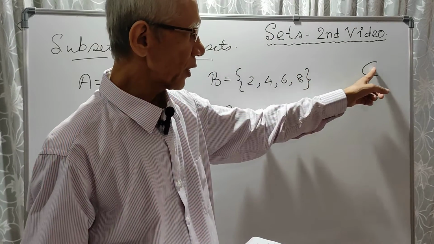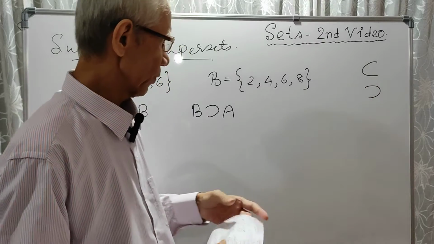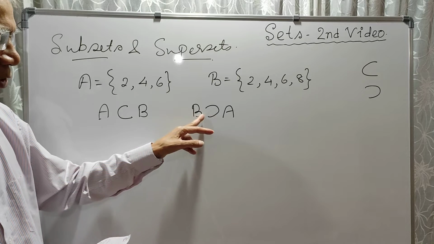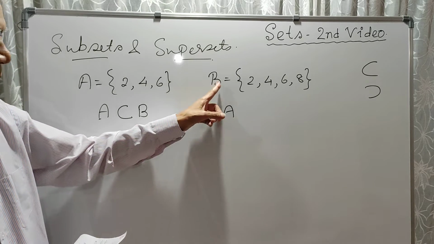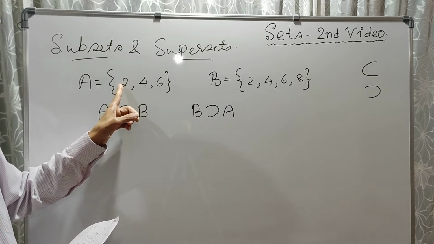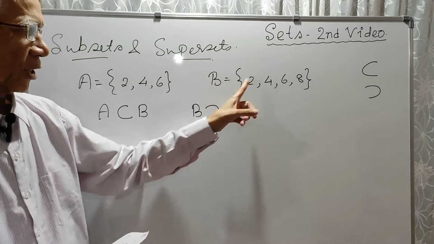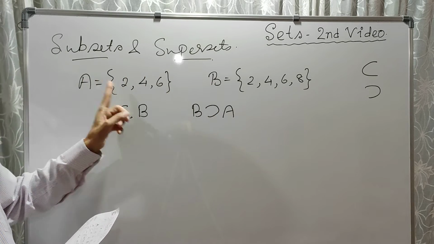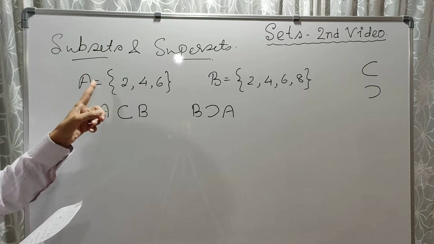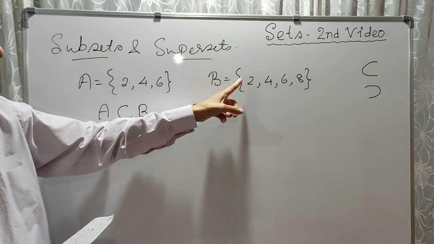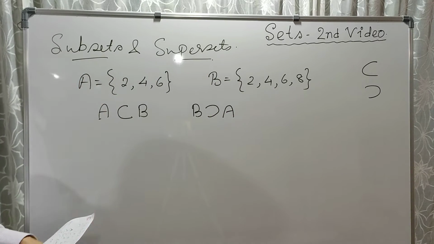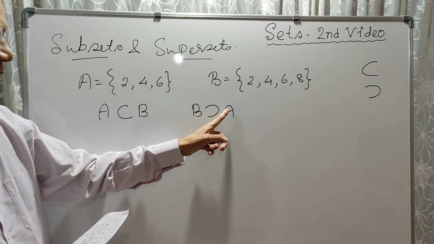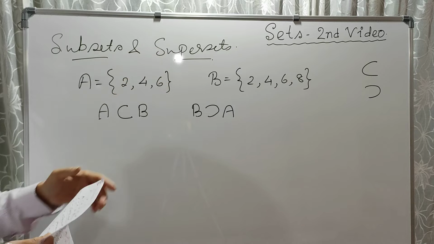When you say B is a superset of A, it means B contains all the elements of A. So 2, 4, 6 are contained in B. Therefore B is a superset of A. And all the elements of A are present in B, therefore A is a subset of B. So if A is a subset of B, then conversely B is a superset of A. That is subset and superset.